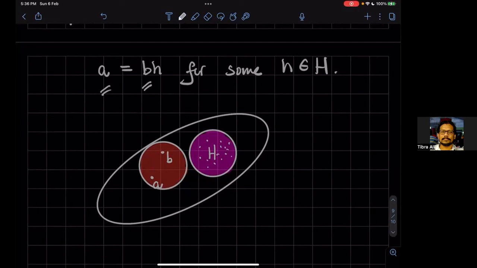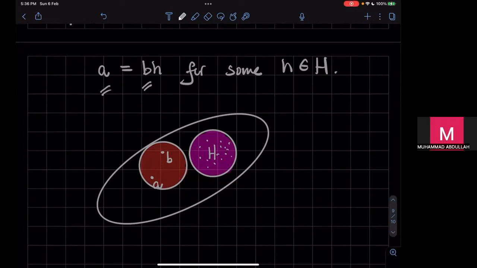If you have any set and there is an equivalence relation on that set, then that relation will necessarily divide the set into disjoint sets, okay? That's a theorem from abstract algebra.